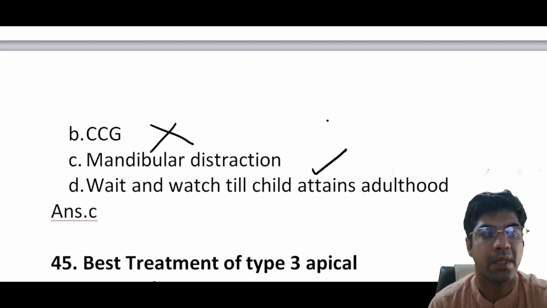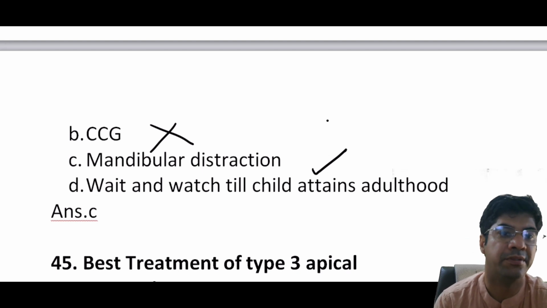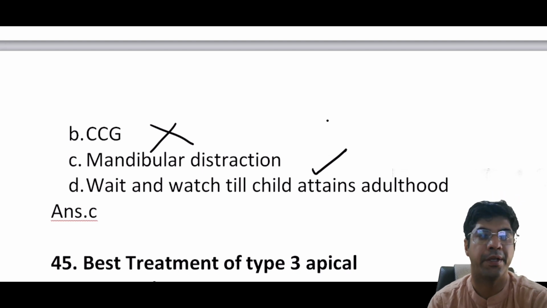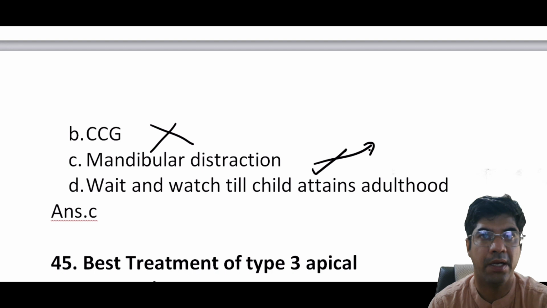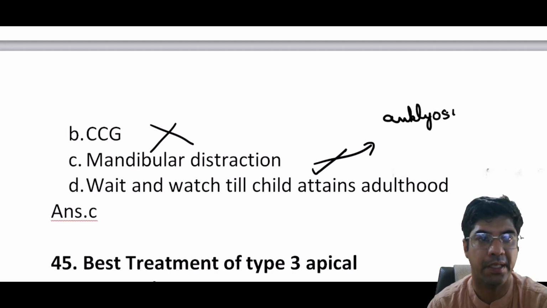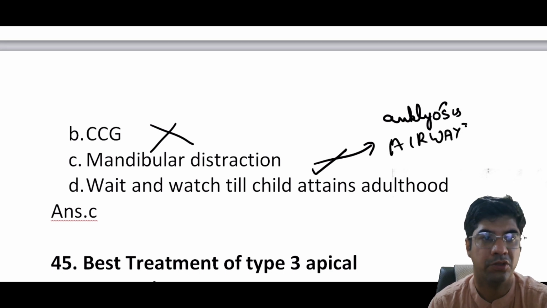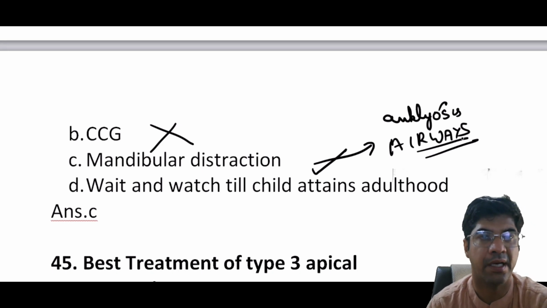Here we gradually lengthen the mandible by cutting the bone and slowly moving the two halves apart using a mechanical device. So this method will not only treat the ankylosis but also improve the airway by advancing the mandible, so increasing the pharyngeal airway space. So that is why the answer is C.